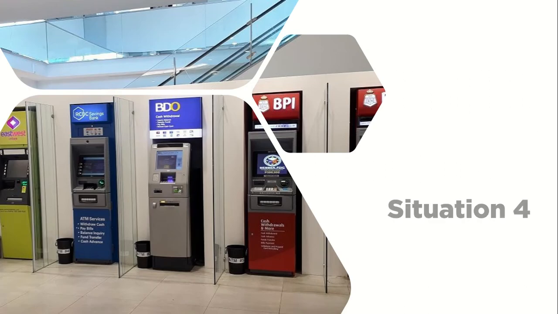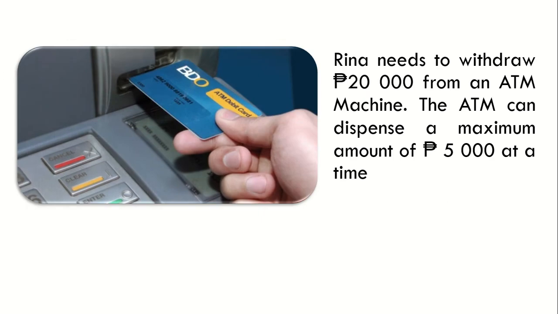And then we have our fourth situation, the ATM machine. So Rina needs to withdraw 20,000 pesos from an ATM machine. The ATM can dispense.